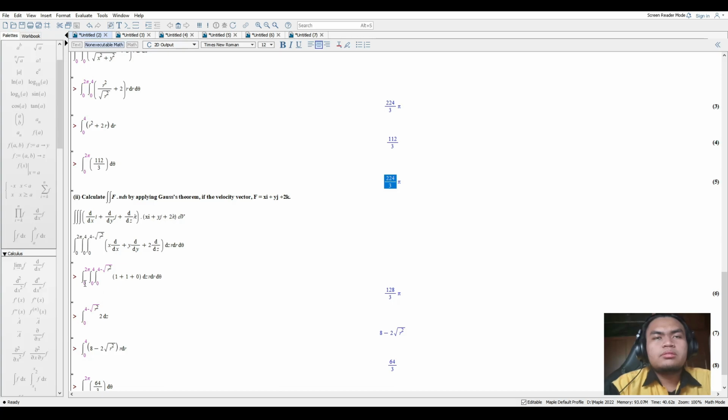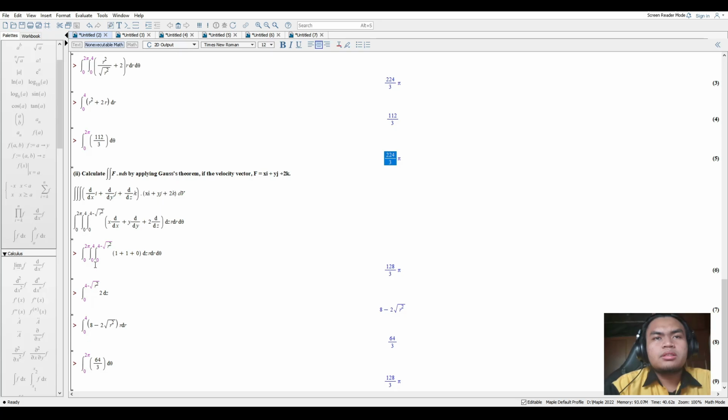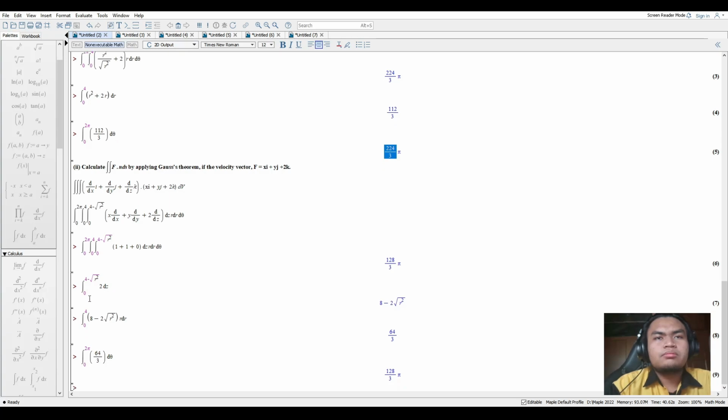And then we just integrate the numbers step by step from dz.